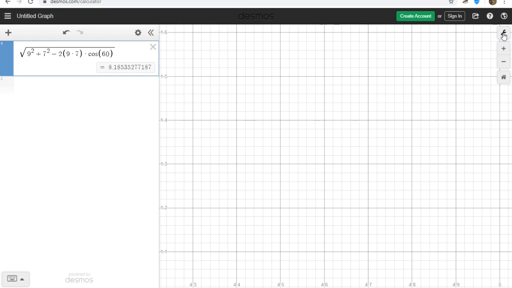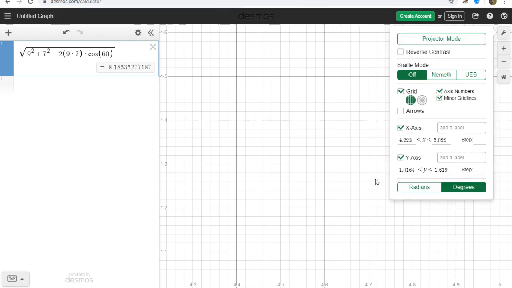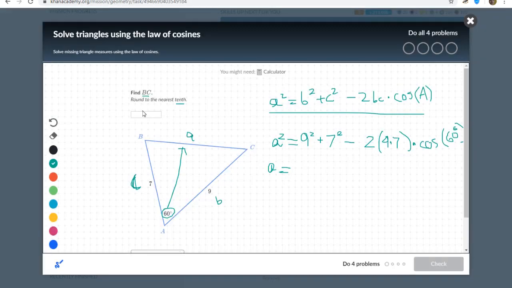Make sure that whatever calculator you use, you have it in degrees. Radians, as you can see, gives you a completely different answer. We don't want this. We want degrees. So it looks like 8.2 is our answer.